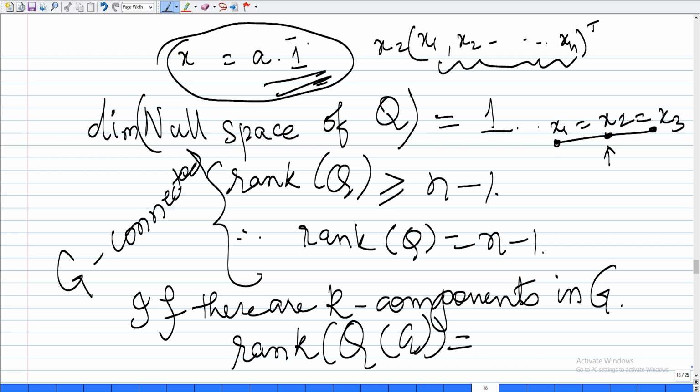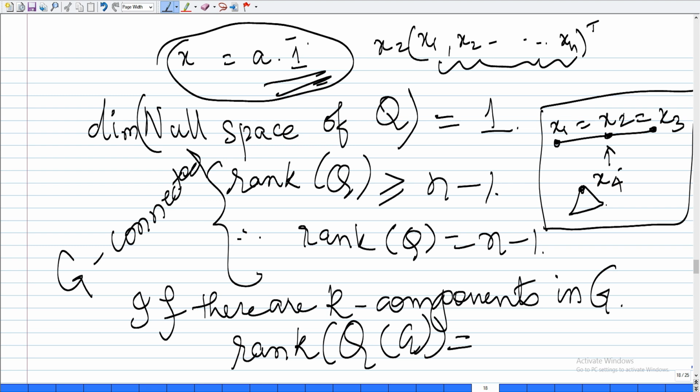Suppose I have another component coming out of this graph, sitting like this, but I know only that x4 and x5 are going to have equal values, right. When we say connectedness here, we can only say that if they are adjacent then the components have equal values.